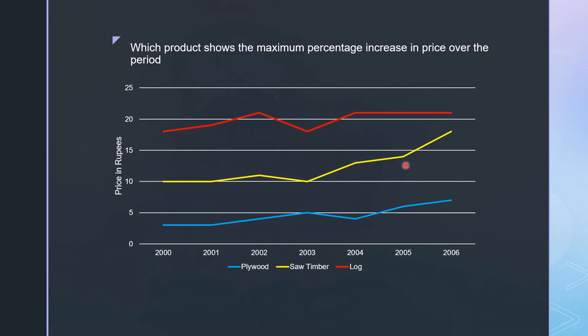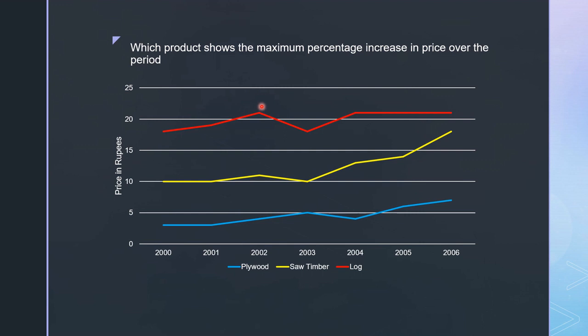In 2005 this point is 14, and in 2006 this point is 18, right? So if we connect 10, 10, 11, 10, 13, 14 and 18, we get this yellow graph.